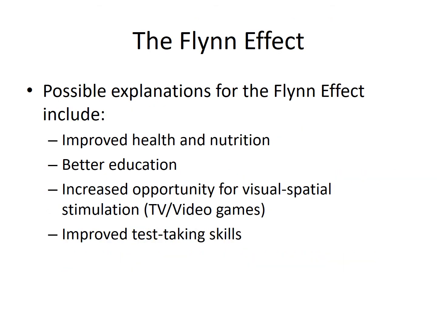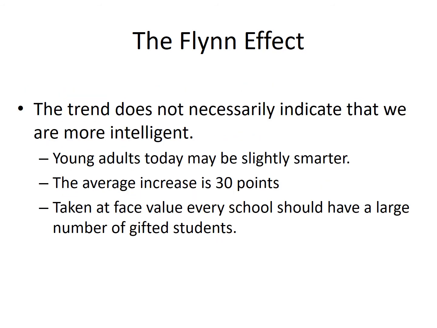Some possible explanations are better health and nutrition, better education, more education made available to more individuals, increased opportunity for learning, and improved test-taking skills. And we see school systems start to hone in on these skill sets to help students learn better. So the trend doesn't necessarily indicate that one generation is smarter than the other. It's that the resources made available may be better.